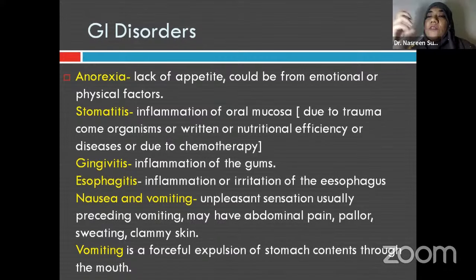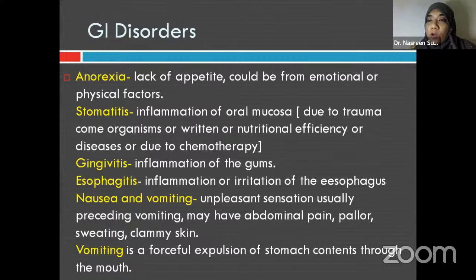Esophagitis, inflammation of esophagus. Esophagitis. Nausea and vomiting, usually when you take some drug, some painkiller also, when you take, you feel like vomiting. That is because of its adverse effect. Okay, any unpleasant sensation, usually preceding vomiting, before vomiting, whatever the feeling we get, that is called as nausea.